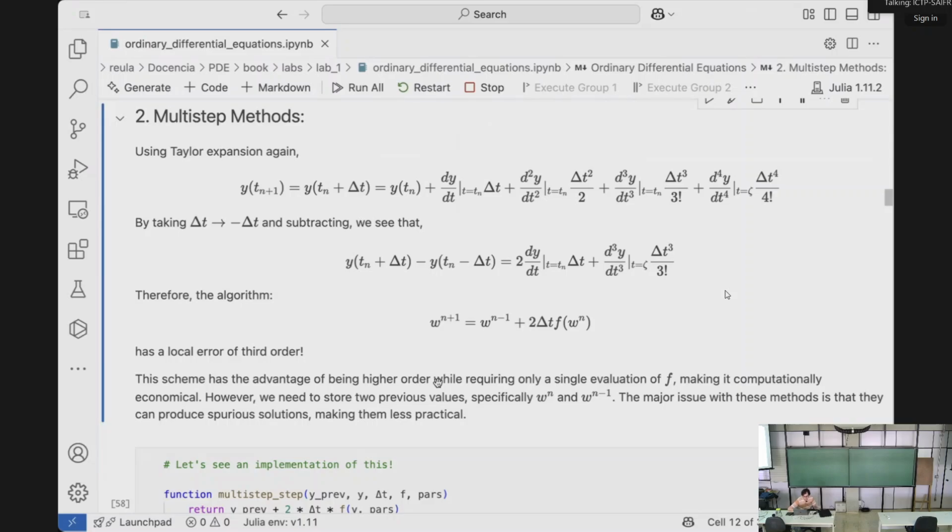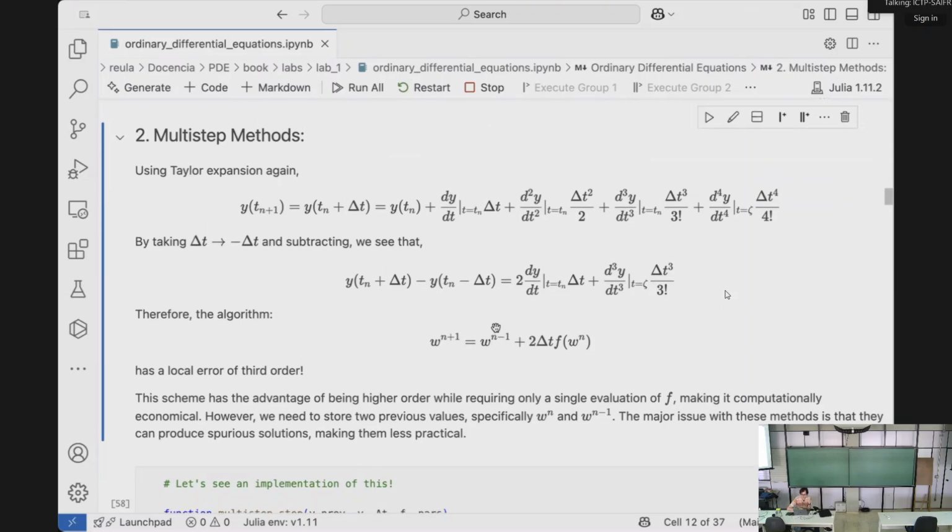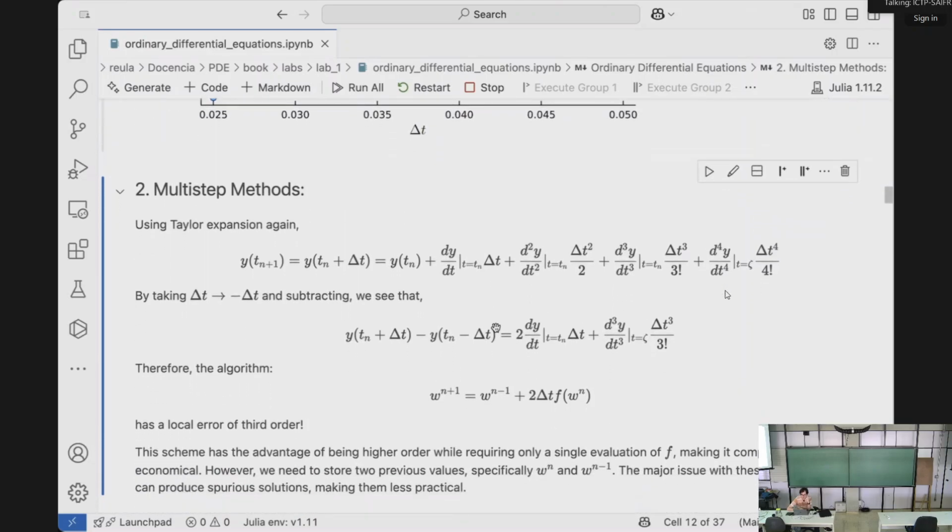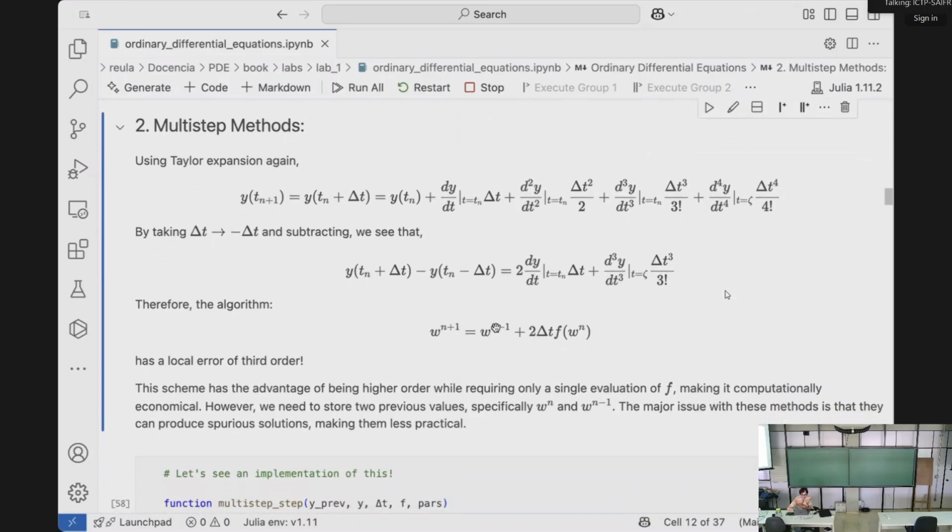And this only requires one single evaluation of f, so it may look like a good method, but when you look at it again, you realize that here we need 2 initial data, right? Well, in our original problem, we have a differential equation for y, and we have 1 point where we know the solution.